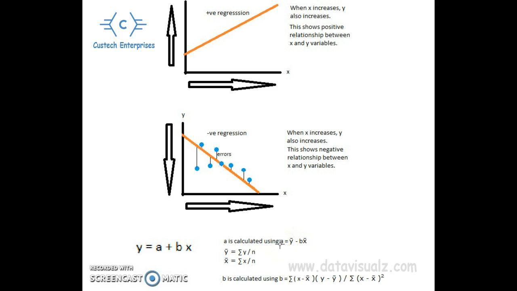Then the values of a and b should be put into the main equation, and we get the actual function which can be used to predict values of y based on changed or new values of x.